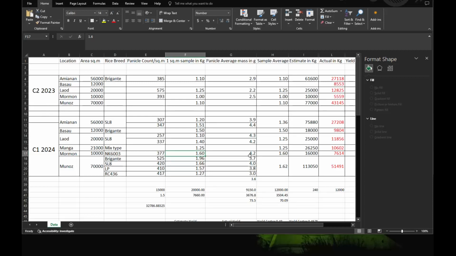So the thing about this is my estimate was 16 tons, 10,000 times 1.6. The thing that I just want to show is that it's half of the estimated yield.